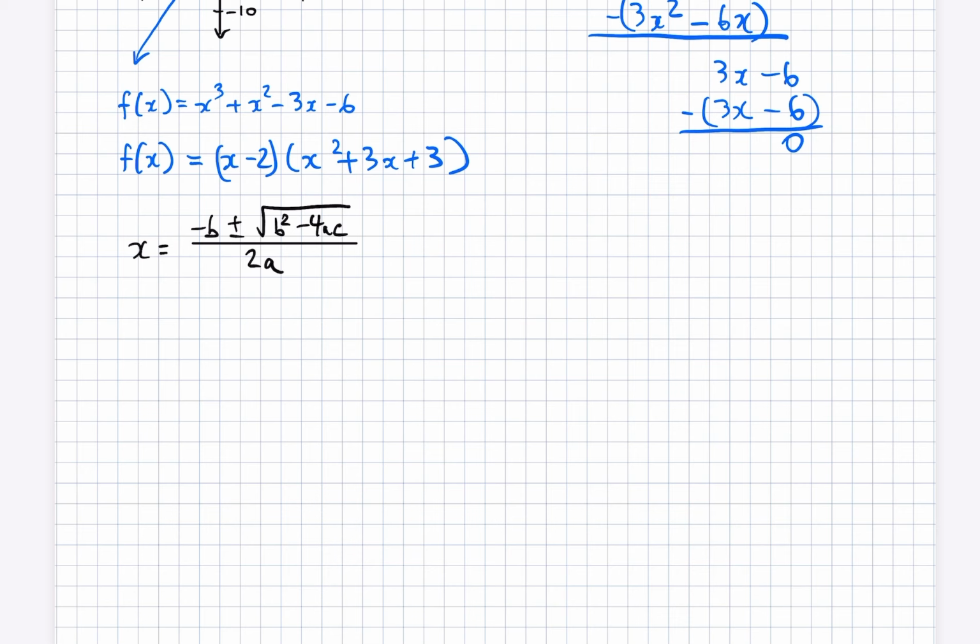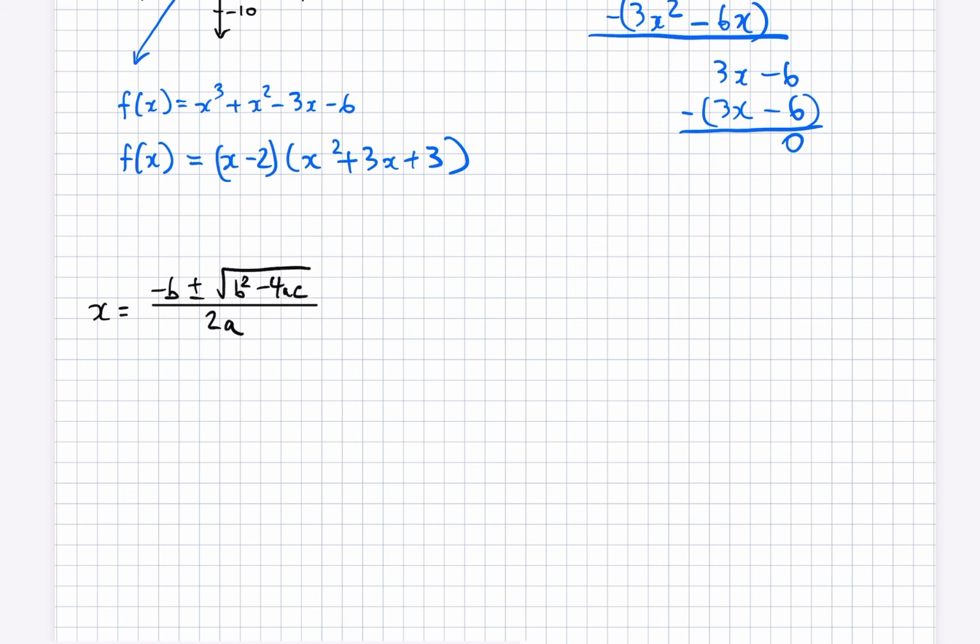Let me go ahead and move this equation down a little bit. And when we take a look at this polynomial here, we see that the a value is 1.